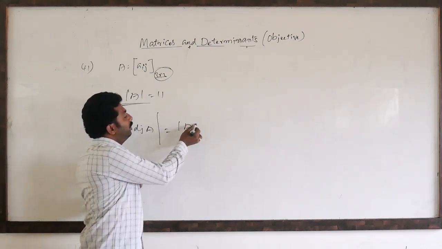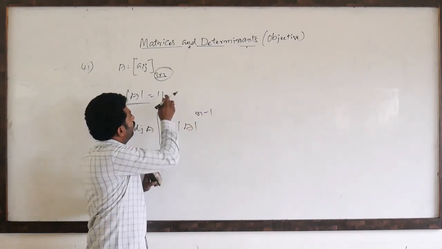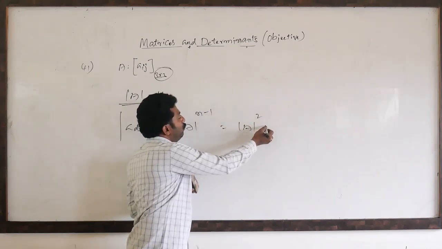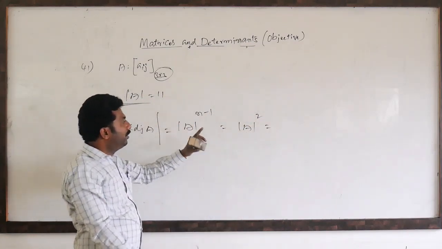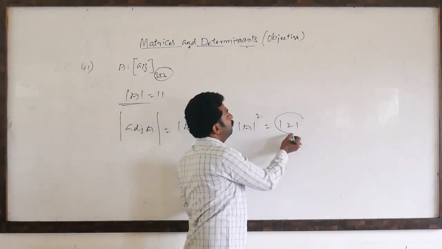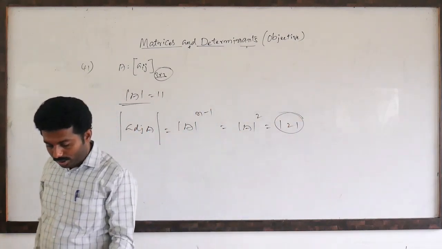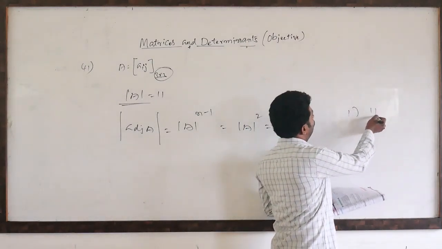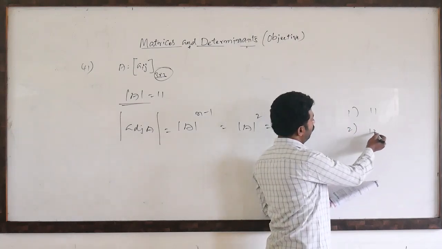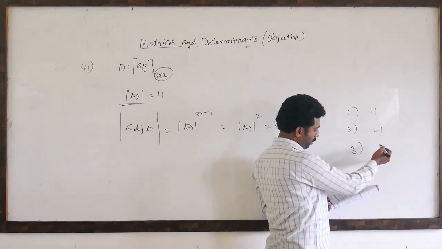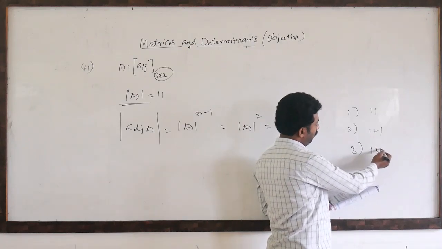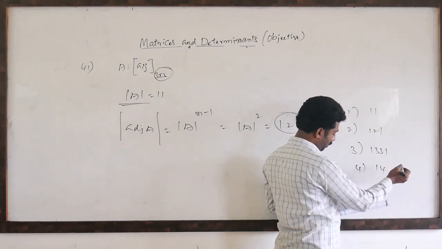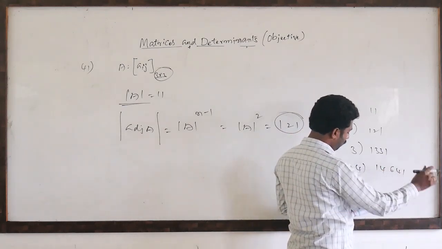What is the formula? Det A whole power n minus 1. N is nothing but 3, so 3 minus 1 means 2. The determinant of A is 11, so 11 into 11, which is 121. The options are: first option 11, second option 121, third option 1331, fourth option 14641.